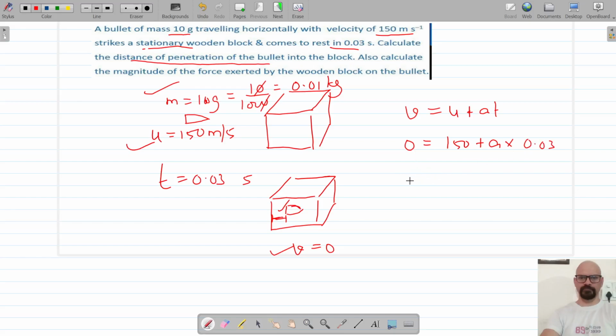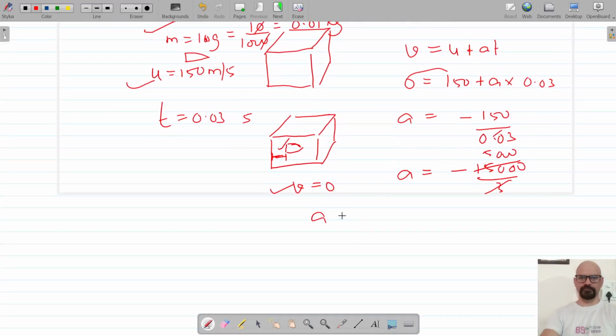So acceleration, this comes to the left hand side, which is negative, has to be divided by 0.03. So the acceleration is negative 150 divided by 0.03. The two decimal places are to be removed, so it's 150 divided by 3. So this is 5,000 meter per second square. So the acceleration is negative 5,000 meter per second square.